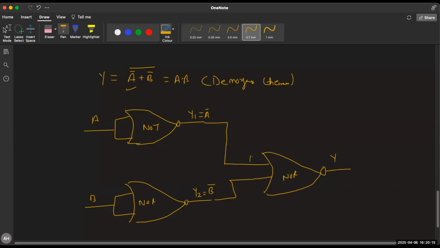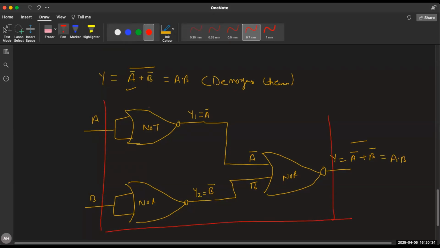So here, one input is A bar, another input is B bar. So you have A bar or B bar, whole bar, because this is NOR. So you get A and B. This whole gate, up to here, if you combine everything, this is the AND gate. Is it clear?